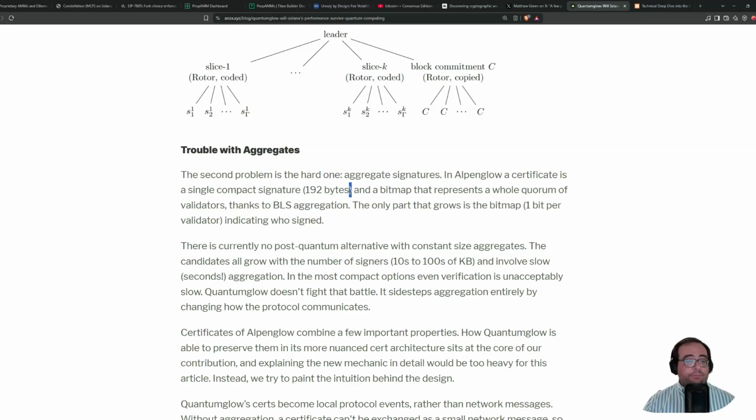And the idea before was to use BLS and do signature aggregation. Now, the problem is that hash-based signatures cannot really be aggregated, because there is no algebraic structure that helps to do aggregation at all. So how to deal with this?